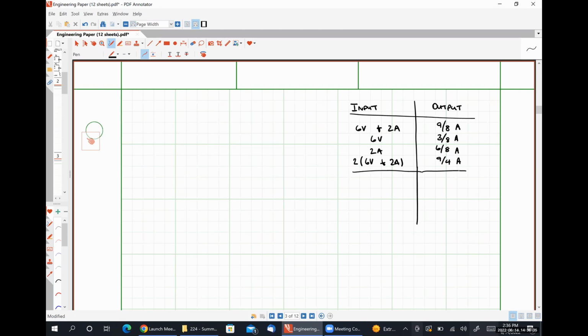So what would happen to our output current IX if we scaled our voltage source by a factor of -3? So if we had our 6-volt input and we scaled this by a factor of -3, what should we expect the output to be in that particular case? Anybody have any thoughts?